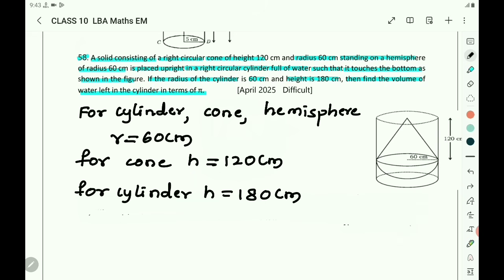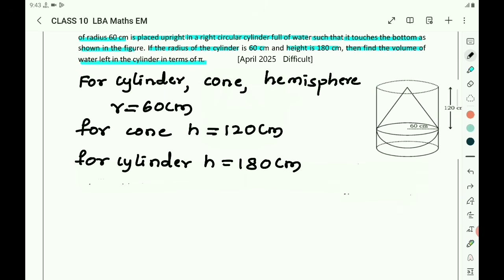First let us write the formula. What we have to find out? We have to find the volume of water left in the cylinder.